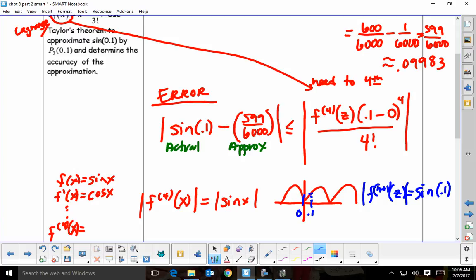So we can say this guy is less than or equal to 1. Okay, 1 would be the complete upper bound that I would get out. I don't want to try to figure out sine of 0.1 by hand, that's what I'm trying to approximate. So this guy we can plug in now to be 1.